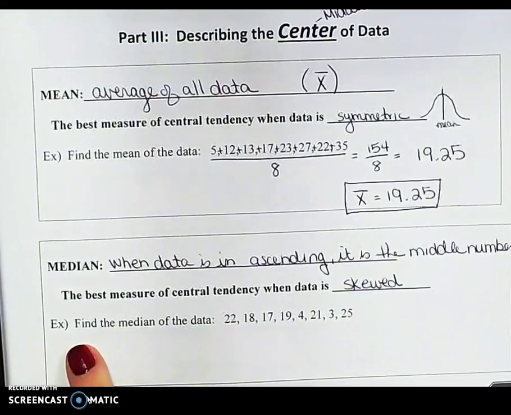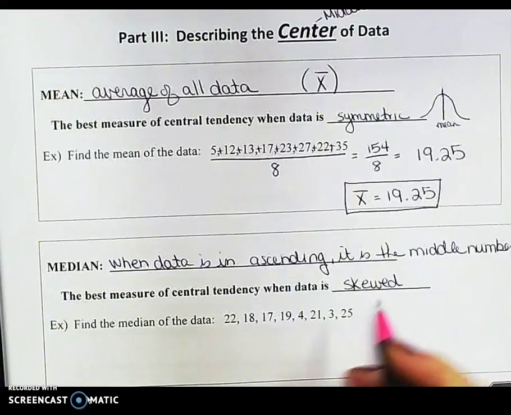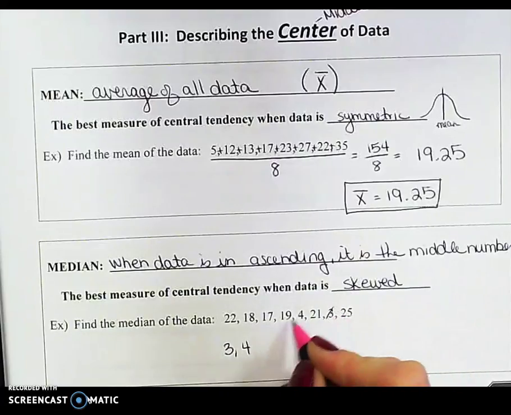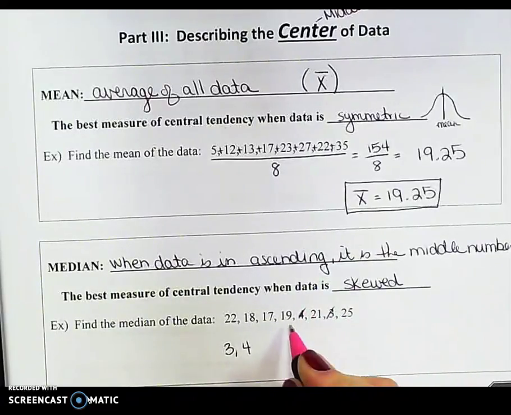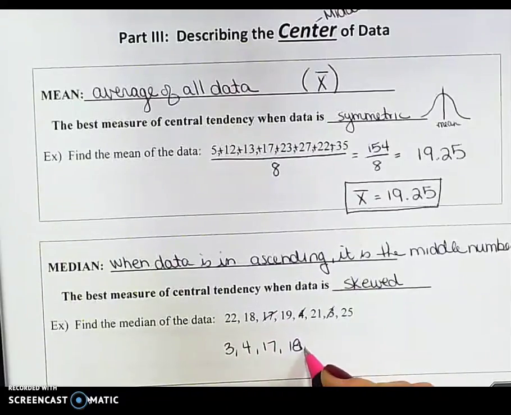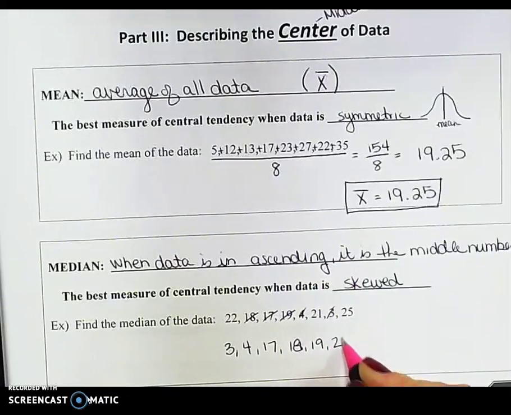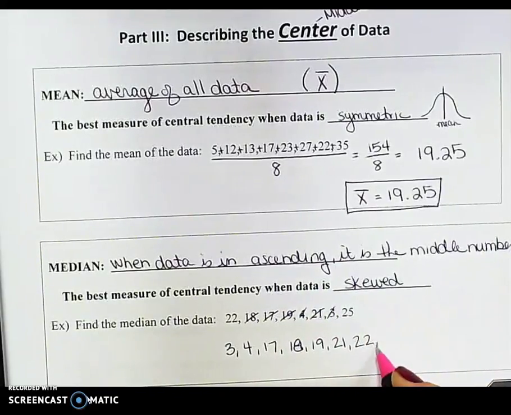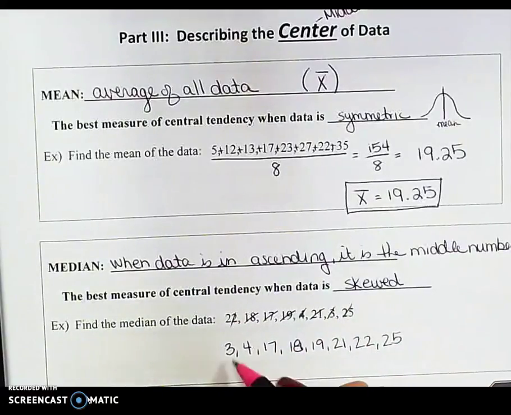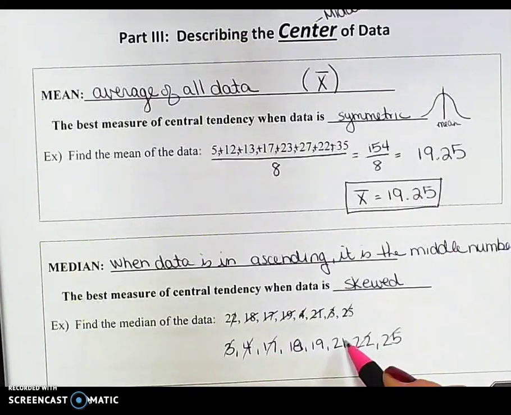So let's go ahead and find the median of our data set here. So we have to put it in ascending order, so from smallest to biggest. So 3, 4. Let's see, next is going to be 17, 19. Oops, there's an 18 there. Then 19, 21, 22, and 25. So to find the middle number, I'm just going to take one off from each side, take another one from each side, another one from each side.